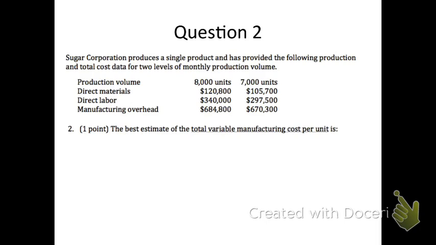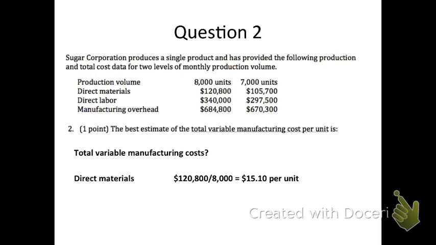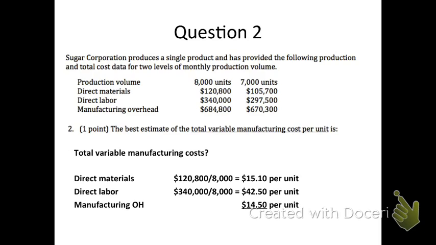Then the next question is, we want to know the best estimate of the total variable manufacturing cost per unit. The variable manufacturing cost per unit now includes not only that variable portion of overhead that we had before, the 1450, but now we determine the materials, the labor, and the overhead.